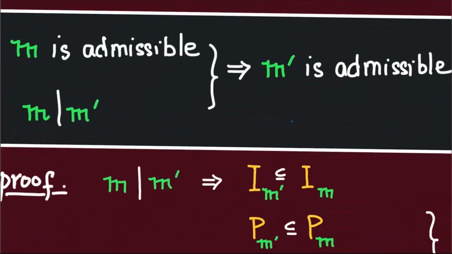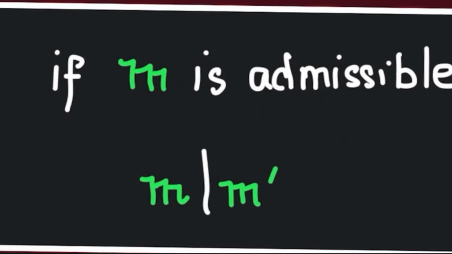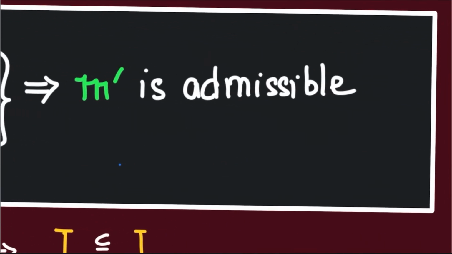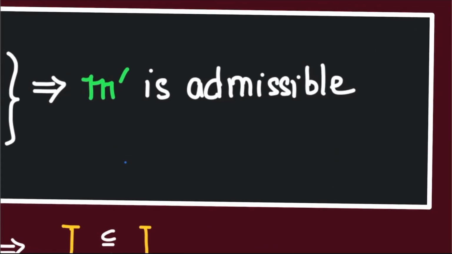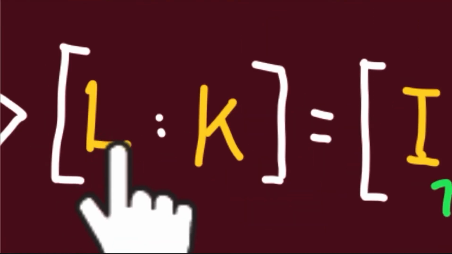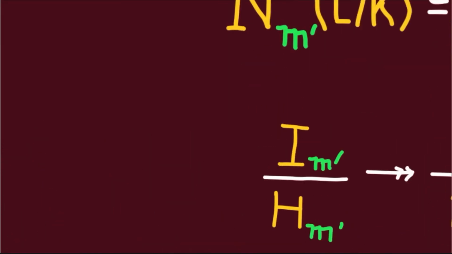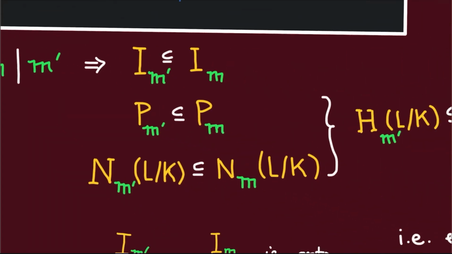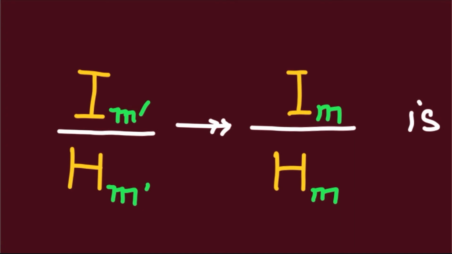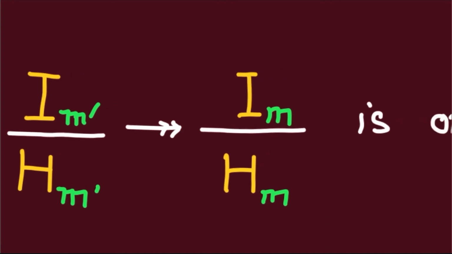Now, coming back to our statement, let's say that m is an admissible modulus and m divides m prime. Let's see why that would mean that m prime is admissible. Well, for m to be admissible, that's equivalent to saying that the index of H_m inside I_m is equal to the degree of L over K. On the other hand, since m divides m prime, we must have that the natural map from I_m prime modulo H_m prime to I_m modulo H_m is onto.